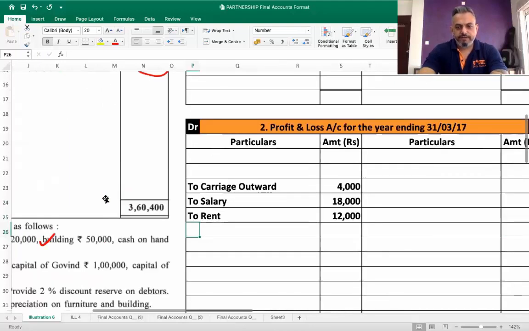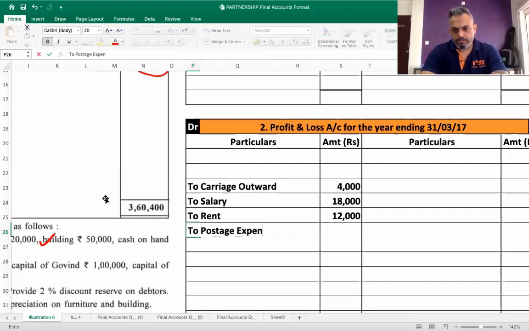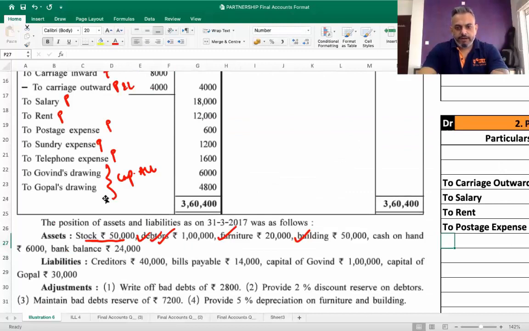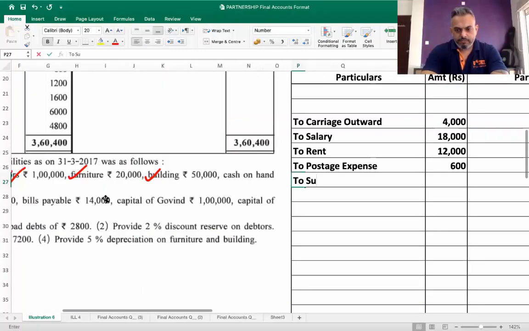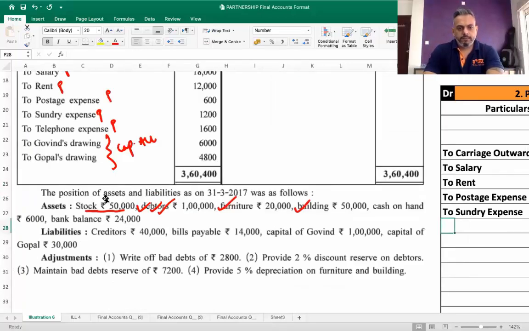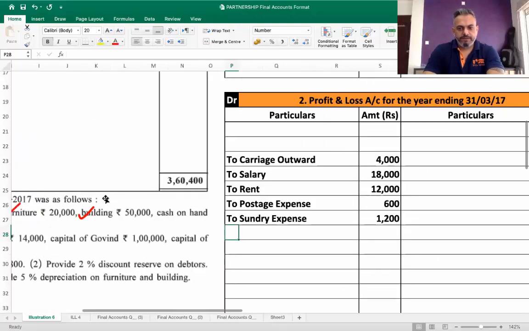Postage expense 600. Sundry expense 1200. Telephone expense 1600.